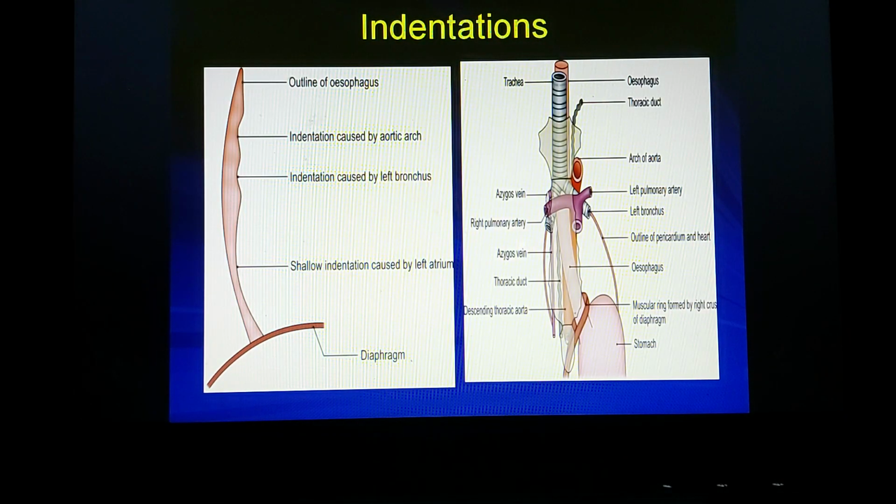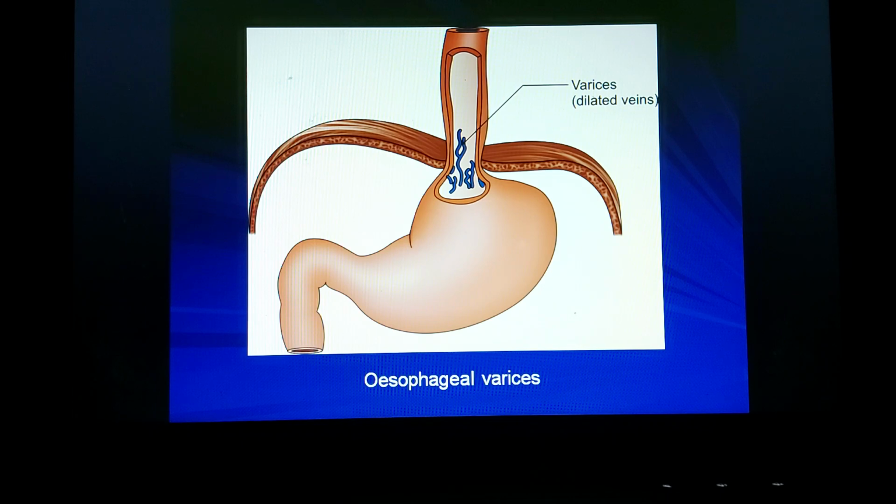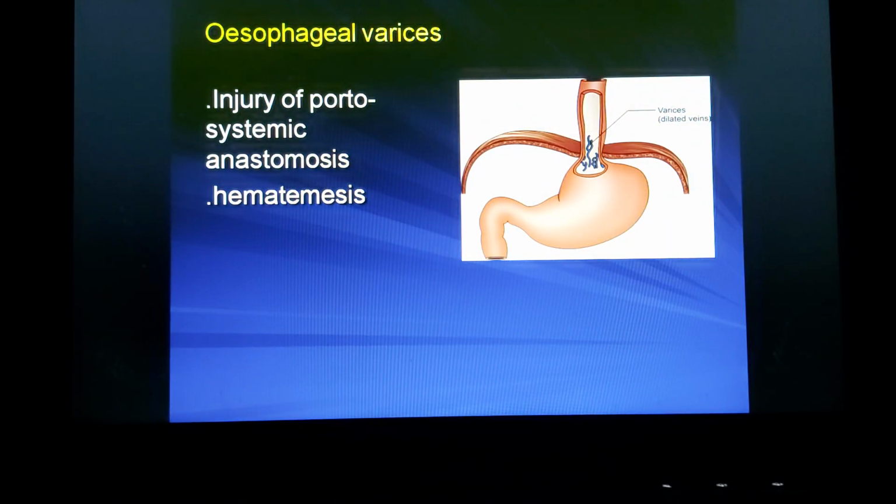These are the indentations we already discussed. And injury of the portosystemic anastomosis gives rise to hematemesis and formation of esophageal varices.